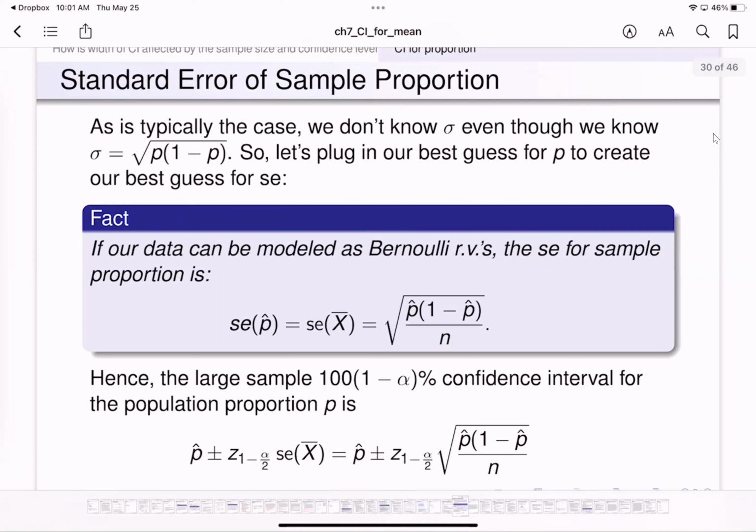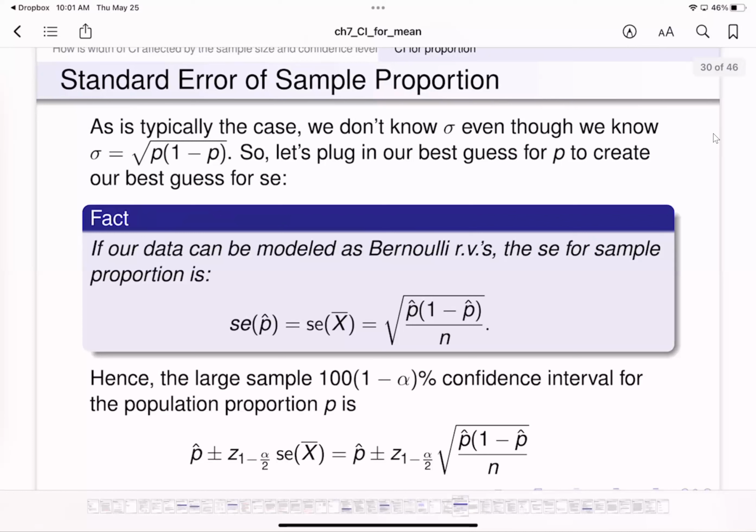In this case it's similar, because this sample mean still has an approximately normal distribution, but the problem will require us to estimate the unknown standard deviation, sigma. Here the sigma, we know, is the square root of p times 1 minus p, but p is unknown. So we also need to come up with something to put in there to give us an estimate of sigma.